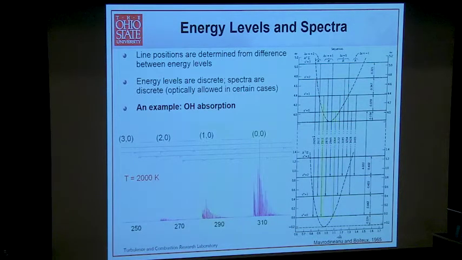Now, if we look at 1-0, where we go from vibrational band 0 in the ground state up to the first band, this requires this amount of energy, which gives us our well-known 282 line, and we can continue on.